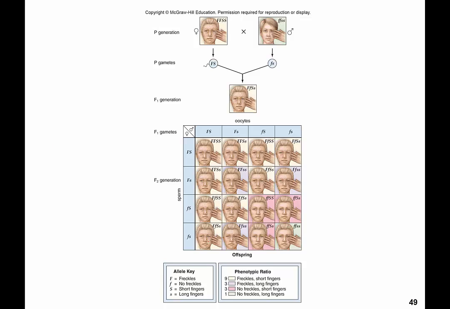So whenever you work this out, you get 1, 2, 3, 4, 5, 6, 7, 8, 9 with both dominant traits. 1, 2, 3 with one dominant trait, the other recessive, and we get 1, 2, 3 with recessive trait, dominant trait, and this final 1 out of 16 here with both recessive traits.